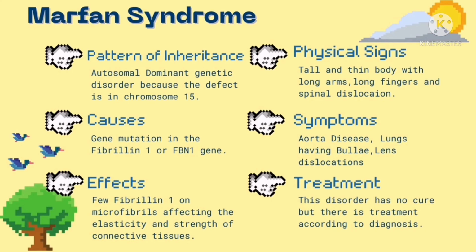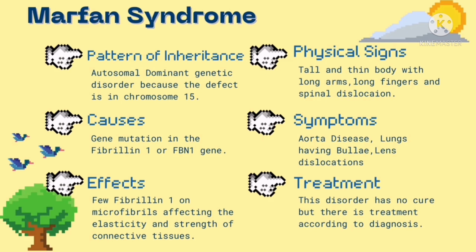So now, to further understand and remember Marfan syndrome, here is the summary. The pattern of inheritance of this disorder is autosomal dominant on chromosome 15, and both men and women can be affected. Next, the cause of this disorder is the genetic mutation in fibrillin 1, a part of microfibrils.